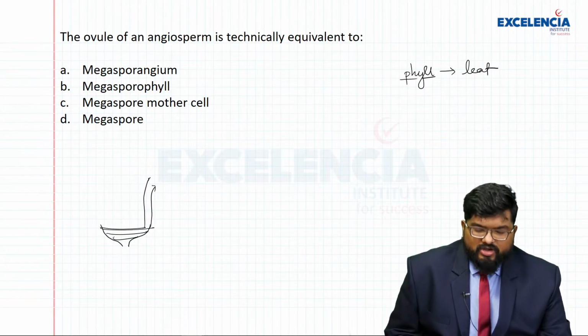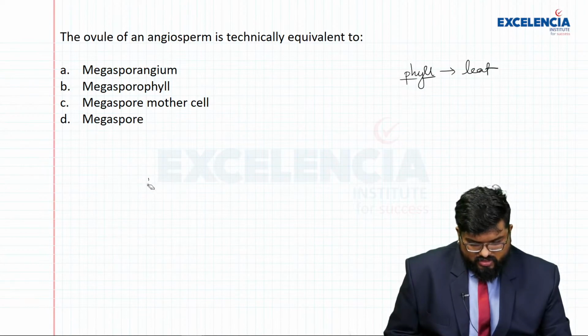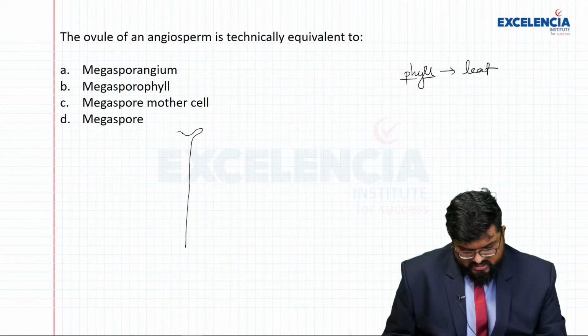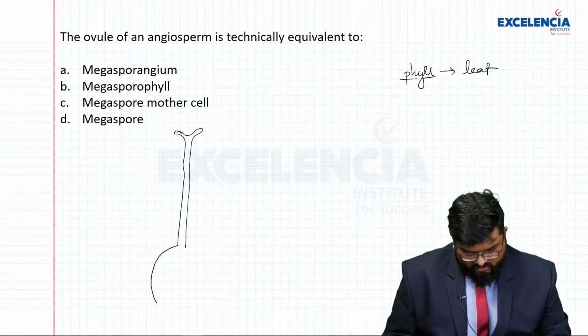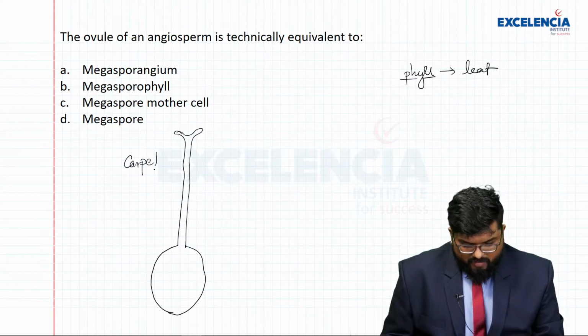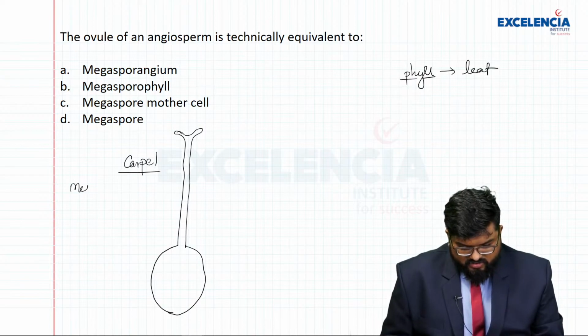So when we talk about the flower, when we talk about this particular structure, what is this? This is stigma, style and ovary, right? This is the carpel. Now carpel in technical terms is known as what? Megasporophyll.